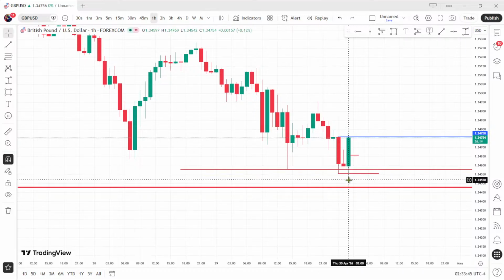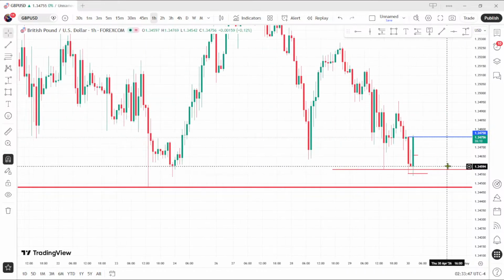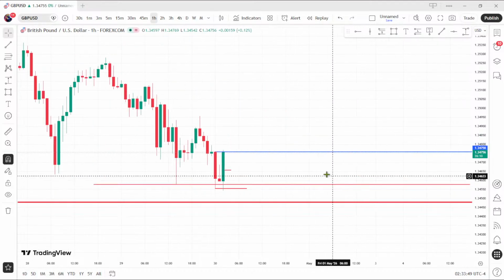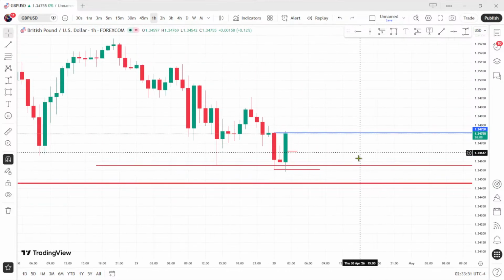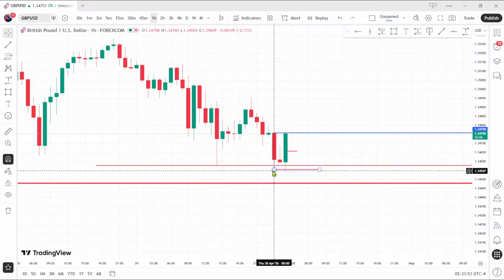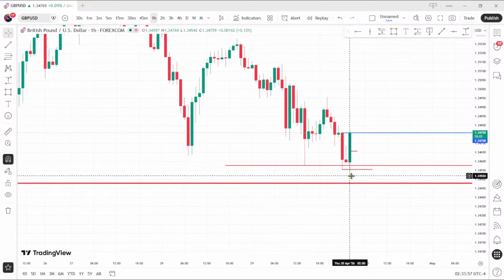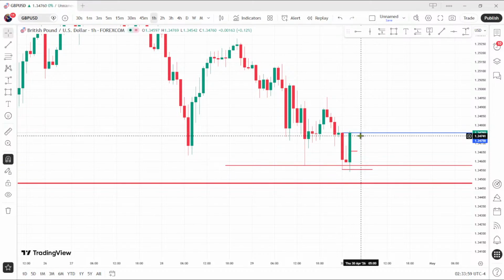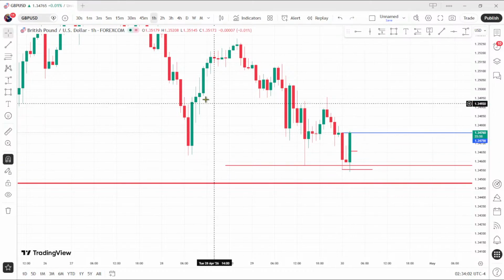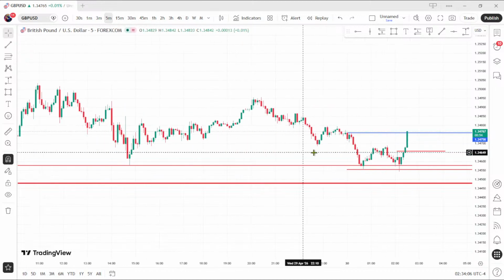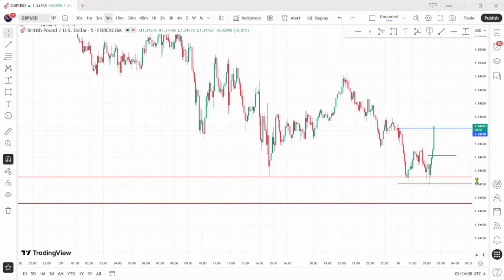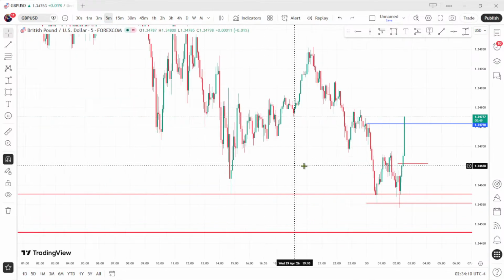See this fake run here. Is this a turtle soup? Maybe it's a turtle soup. Price might want to come.